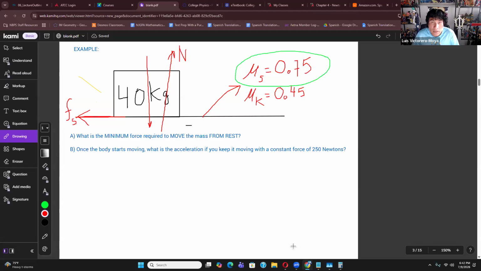The weight is 392, right? 40 times 9.8. Because it's just a body on a horizontal table for part A, the normal force is equal to the weight, which is 392 newtons.